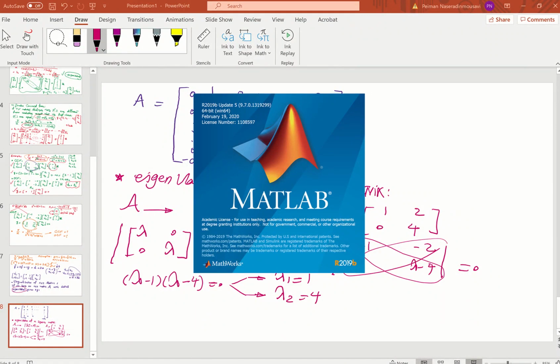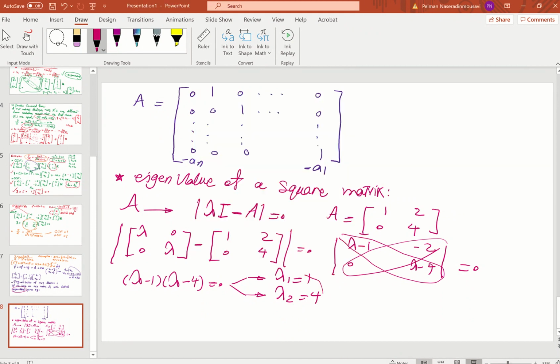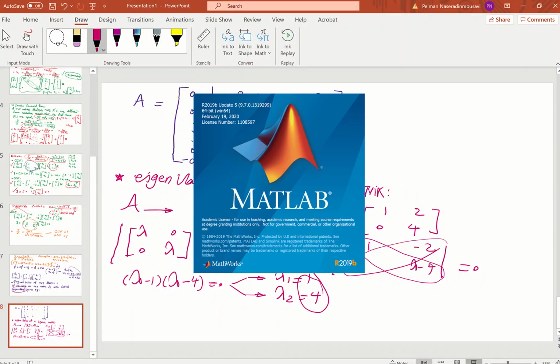So I'm going to type this, and you see that the answers are the same, 1 and 4, obviously. Then if you have a matrix that has distinct eigenvalues, so this matrix has distinct eigenvalues 1 and 4, that's right, then you can make a diagonal matrix.